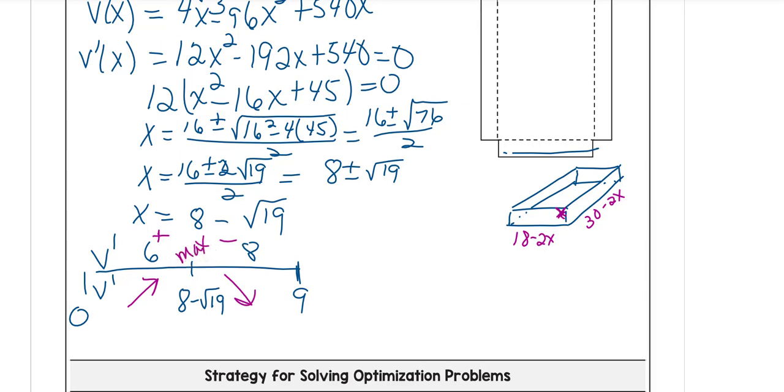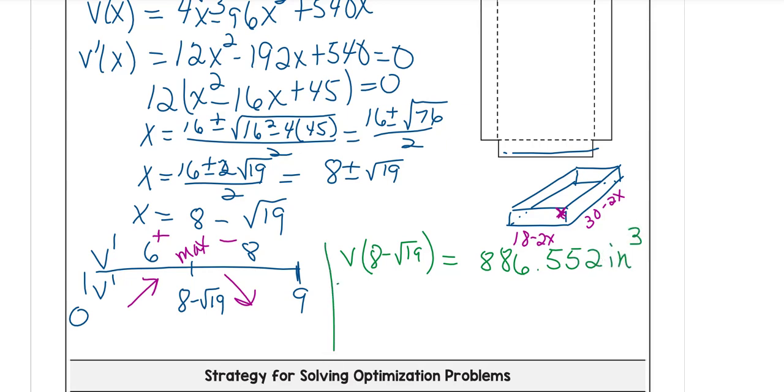So I can figure out the volume. So next I substituted v of 8 minus the square root of 19 in the calculator, and I got 886.552 cubic inches.